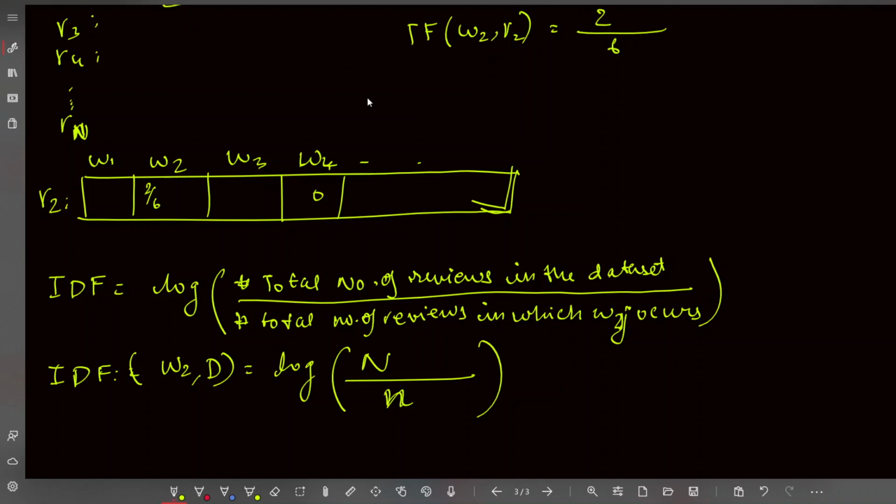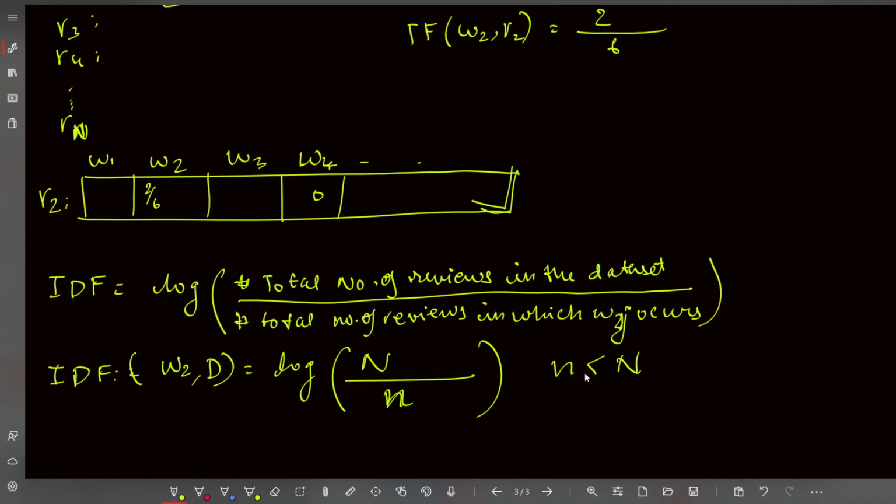Now, this is inverse document frequency and this is term frequency, right? So it's easy to note here that your small n will always be less than capital N, right? Because the total number of reviews in which the word W2 occurs can never exceed the total number of reviews in the document.